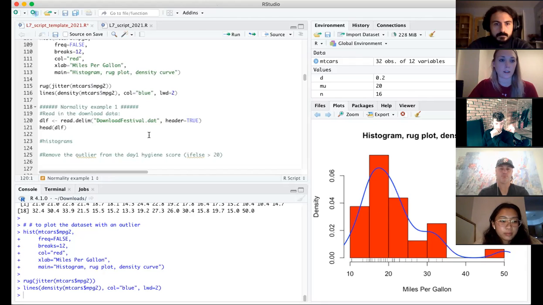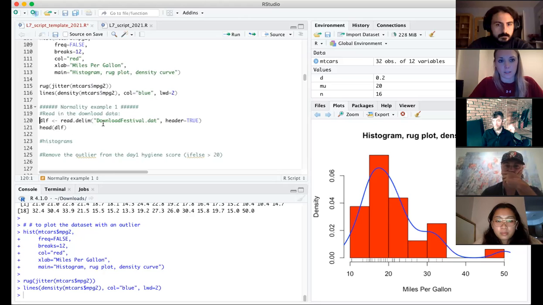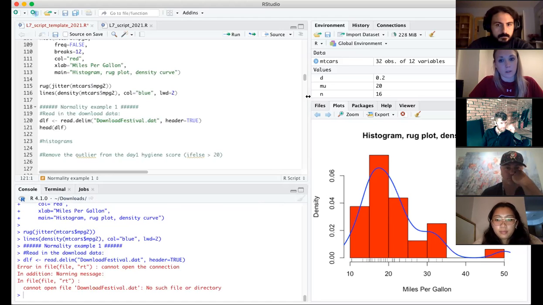Now if we want to hop to plotting out normality and testing it both graphically and statistically, let's load in the festival data. This is a .dat file, so we're going to do read delim. Oh, no, we're not, apparently.